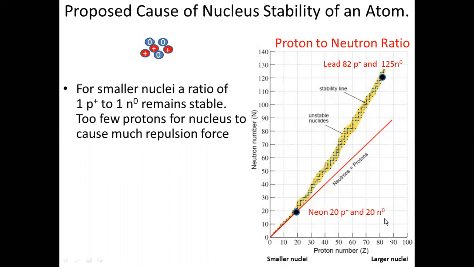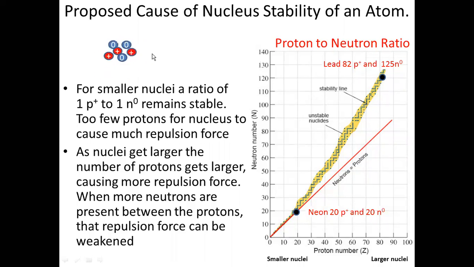For the lighter elements, when there is a 1-to-1 ratio, we tend to have a very stable nucleus, meaning the nucleus will not wish to break apart, even though protons, as they get close to one another, push each other away. They have a repulsive force. When there's a tiny number of protons, that repulsive force is too weak to break apart a nucleus. So the nuclei of our smaller atoms tend to be very stable in a 1-to-1 ratio.